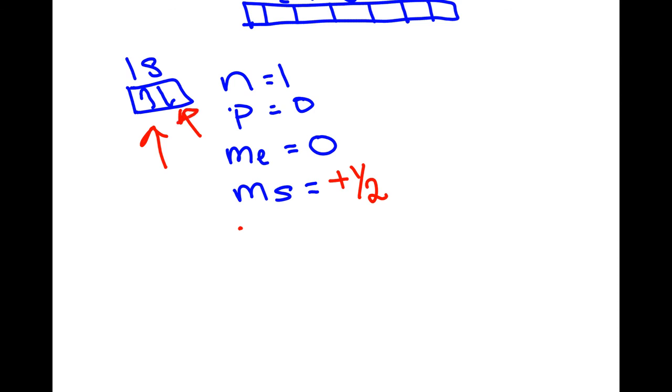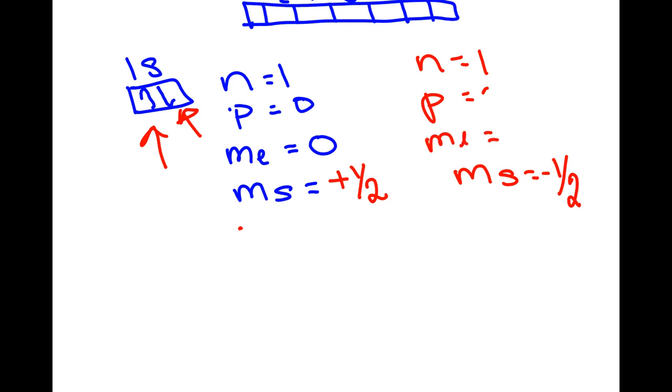By convention, if it goes up, it's a +0.5, and if it goes down, it's a -0.5. So they have 3 quantum numbers that are the same and 1 that is different.